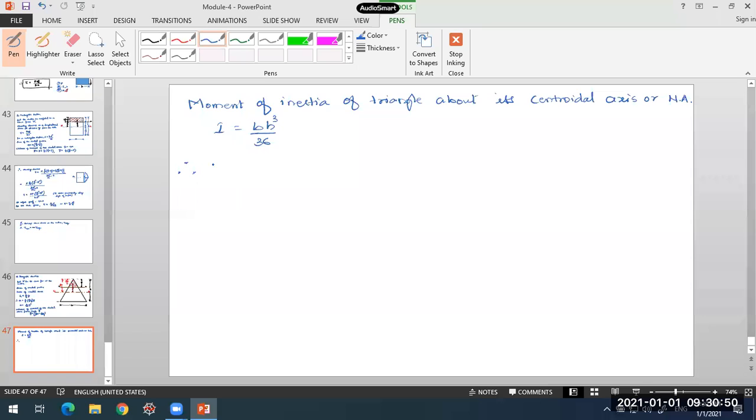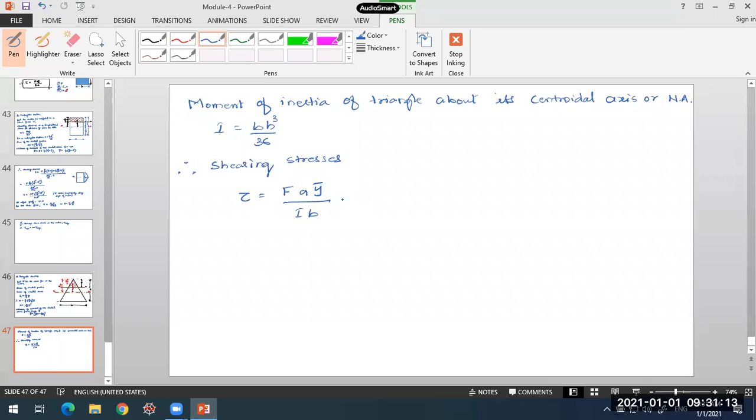So therefore the shearing stress is tau. What will happen to tau now? It will be equal to F A y bar divided by I into b.